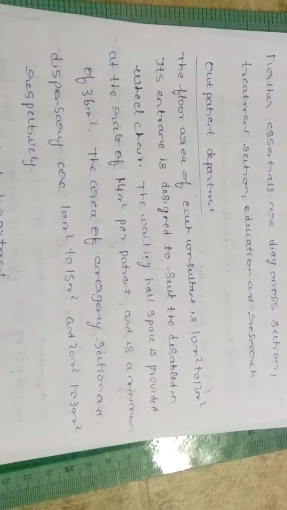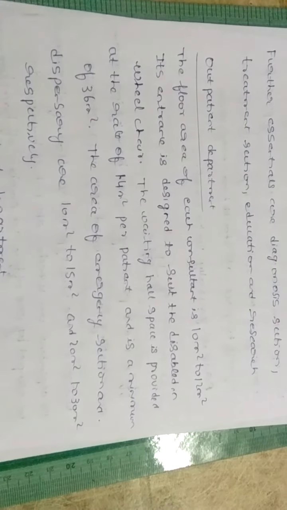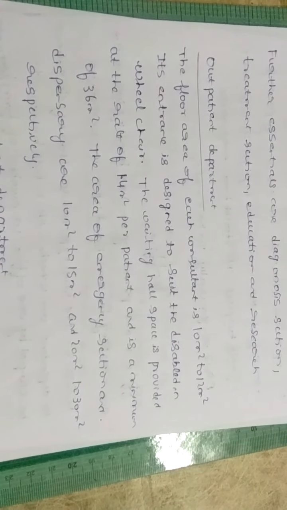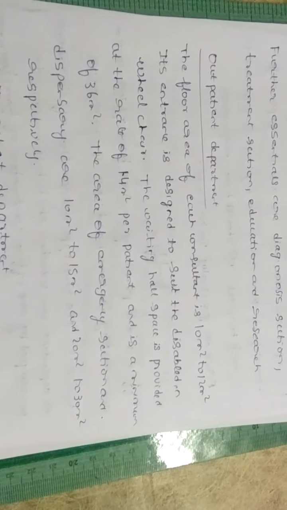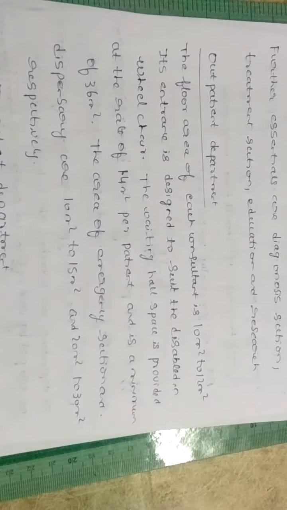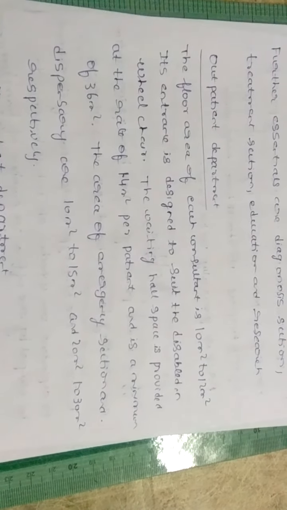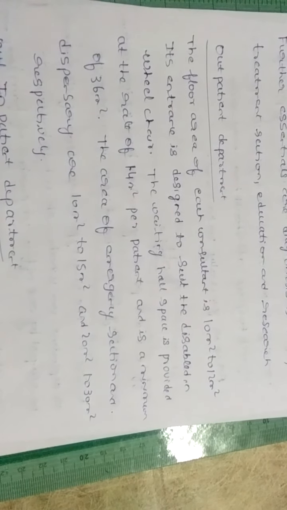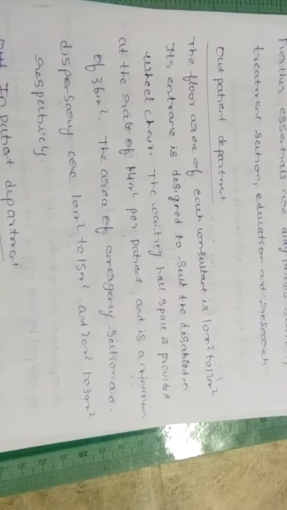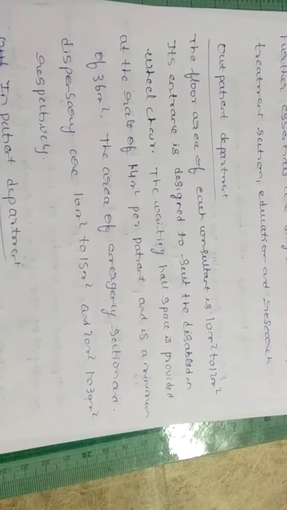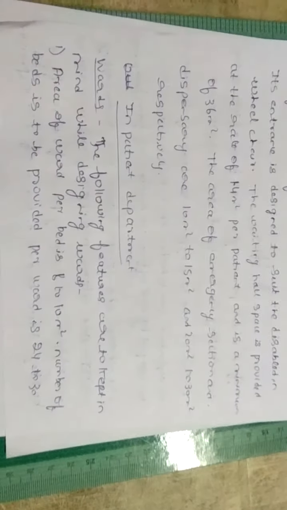Then coming to the emergency section, it is 10 to 15 meter square, and can go up to 30 meter square as well. These are the necessary things to keep in mind when considering the outpatient department. Then coming to the inpatient department.